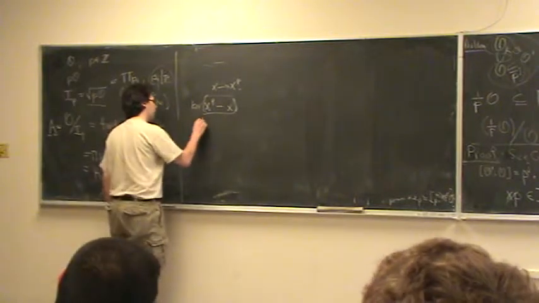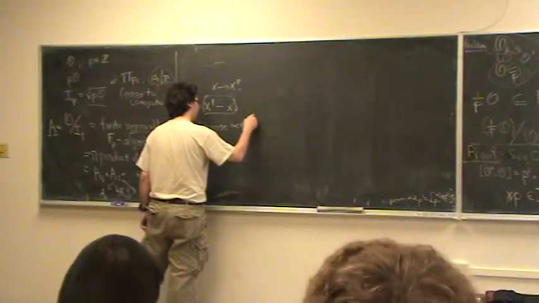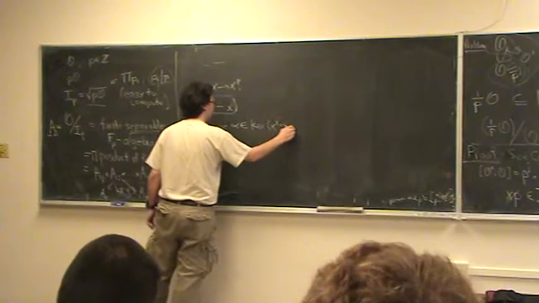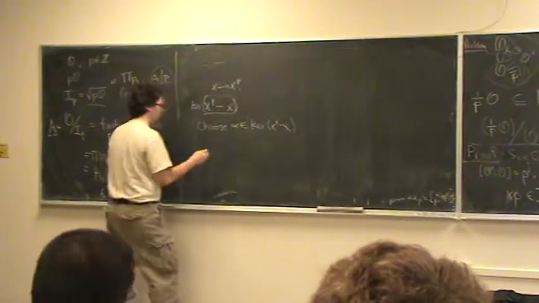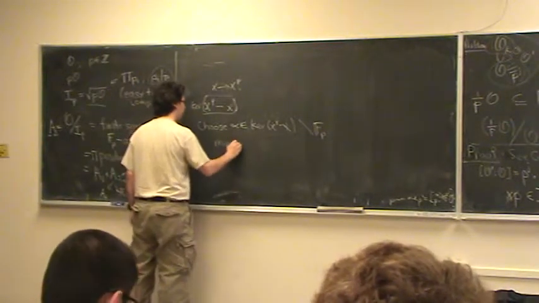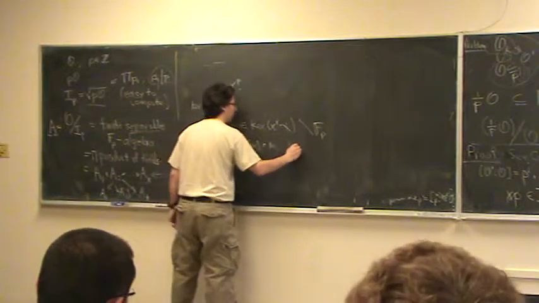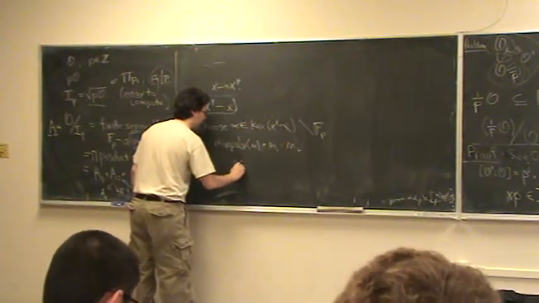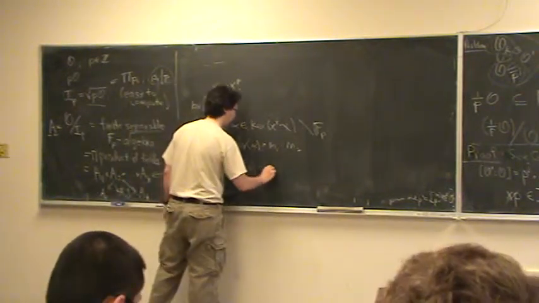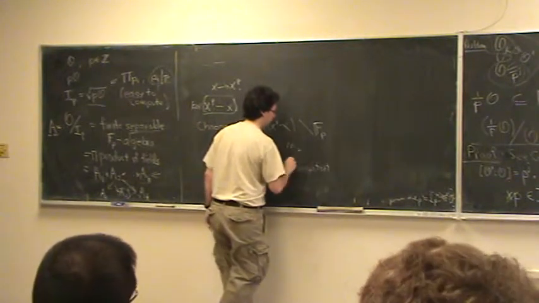So you choose an alpha that's in this kernel, but not in FP, and you find its min poly, and then you factor it as m1 times m2, and then in fact m1 of alpha times some other auxiliary polynomial u1 that you find is an idempotent epsilon. That's neither 0 or 1 unless k equals 1.